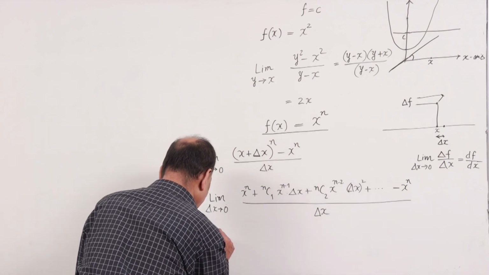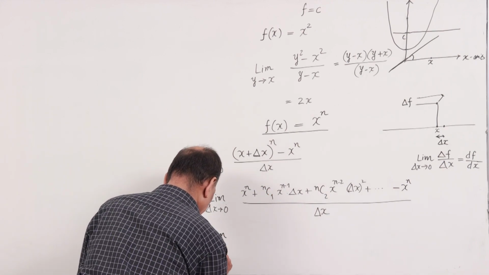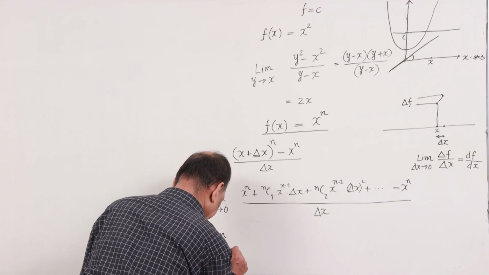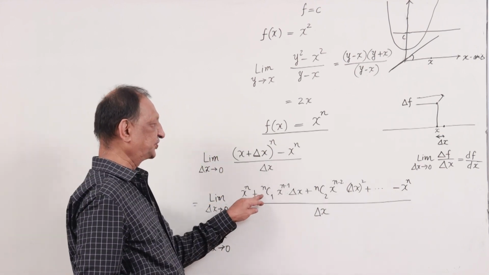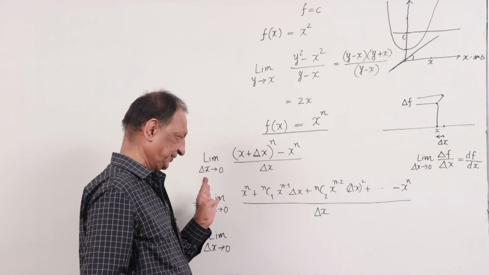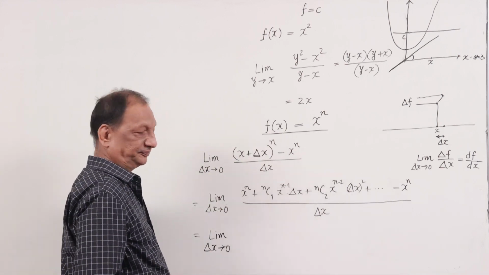Therefore, we are going to have limit delta x goes to 0 of, so what is the first term there? You have removed delta x, correct?